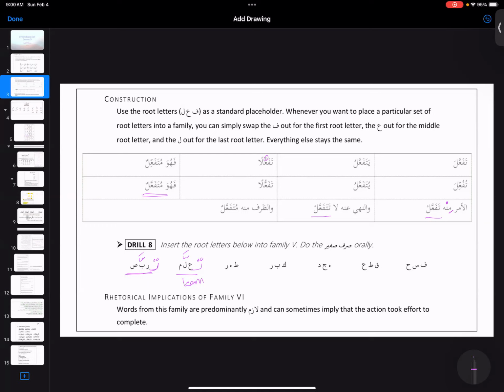Tawakkal, no? Yeah, exactly. Assalamualaikum. What is the meaning of tahajjud or hajada? Hajada means to break.